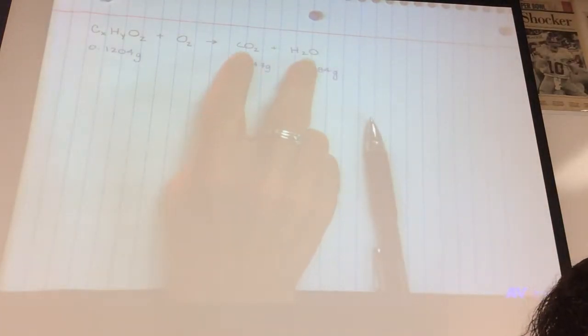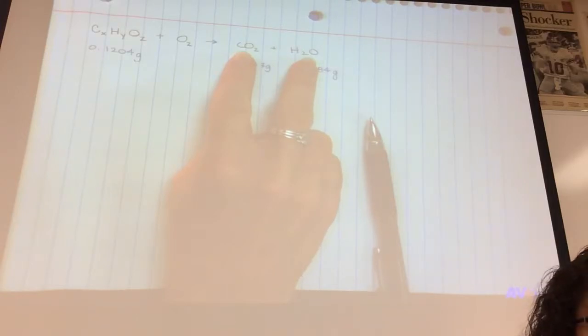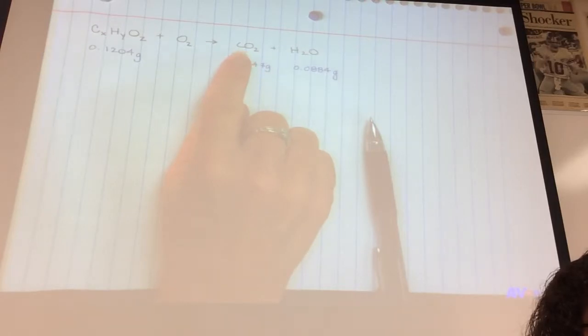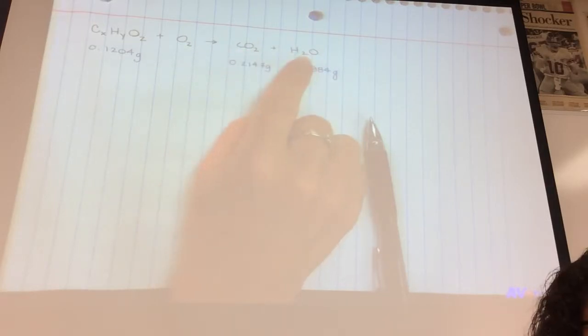Looking at the two products, which element is found in both products? Oxygen. We don't want to start with oxygen. It'll be tricky. From the CO2, I can figure out the mass and the percent of carbon. From the water, I can figure out the mass and percent of hydrogen.